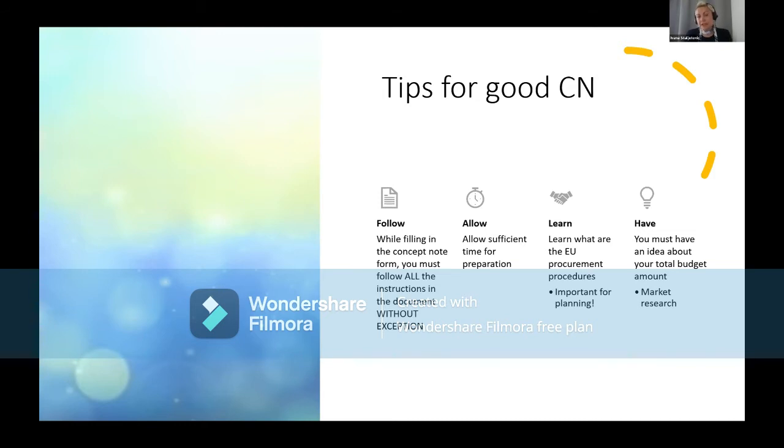I already said that all your contractual obligations and rights are stipulated in Annex 2 of your future grant contracts. It is available in the zip file on the link where the guidelines are published as well. And there you can find really a lot of important information for the future implementation of your project.